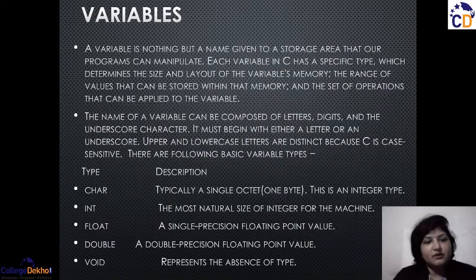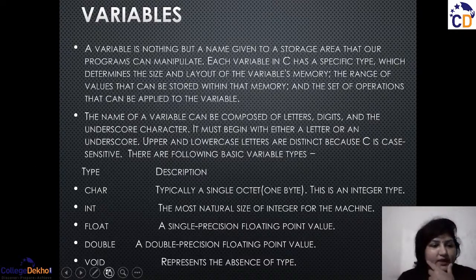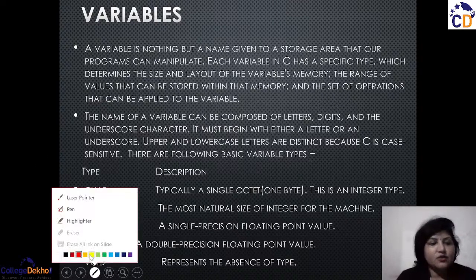Then we have variables, the most important part, and we should know the rules that need to be followed while defining variables. A variable is nothing but a name given to a storage area. Suppose I am taking one example, the student name.